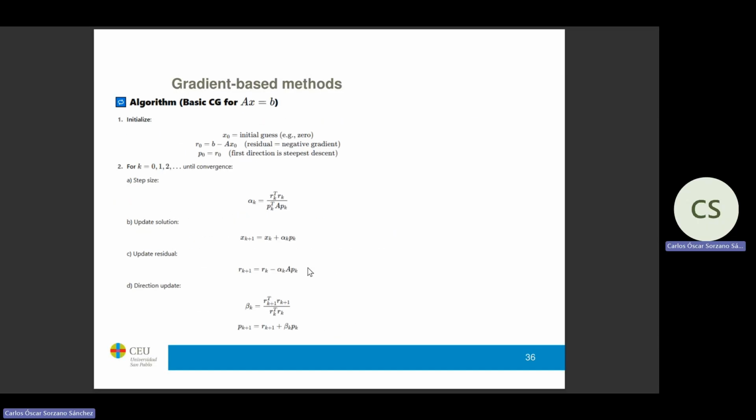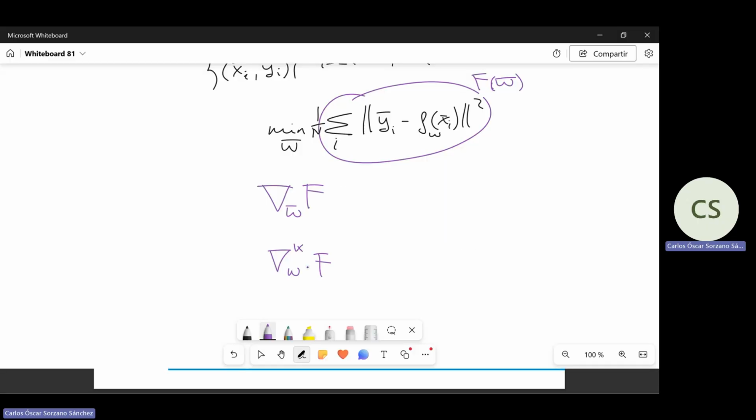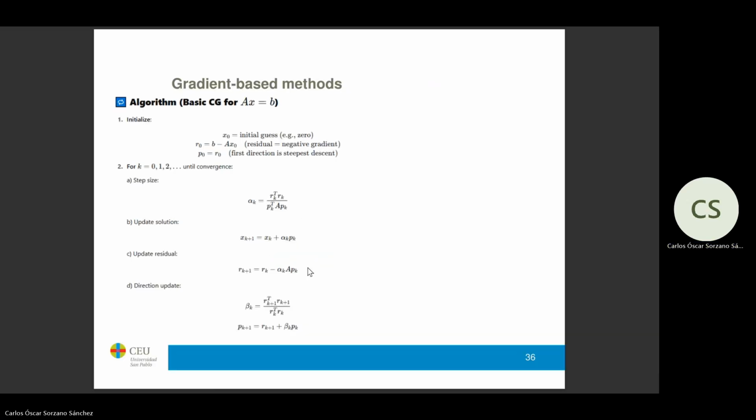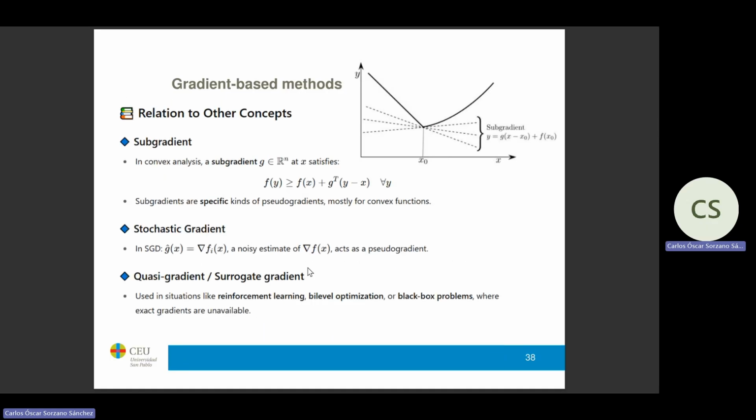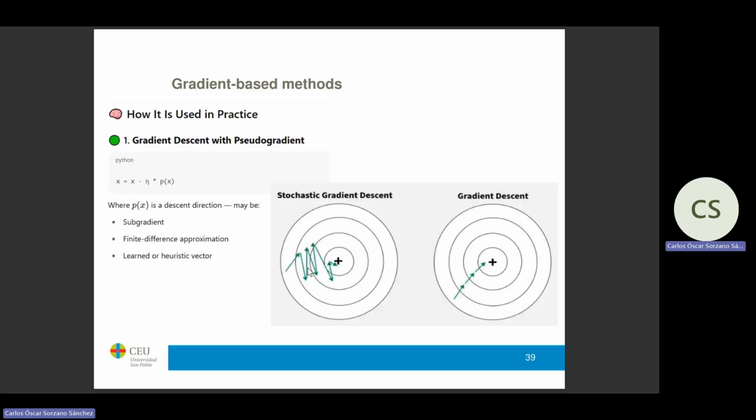And now you understand that this problem is the neural network problem. Normally you have a loss function, very typically this one. You may have many different loss functions, but this is a very common one. Now you understand why they use stochastic gradient descent, because you don't have to use the 10 million points. Okay, very good.